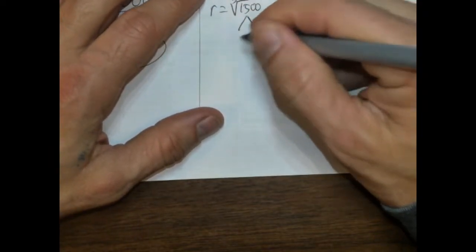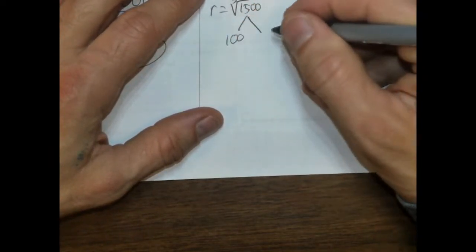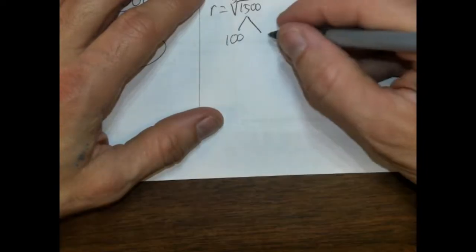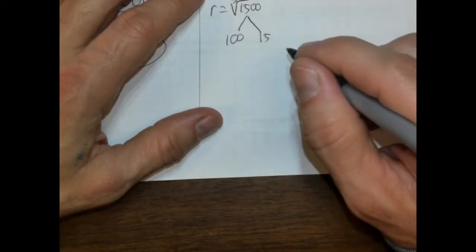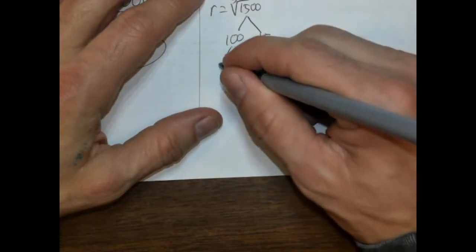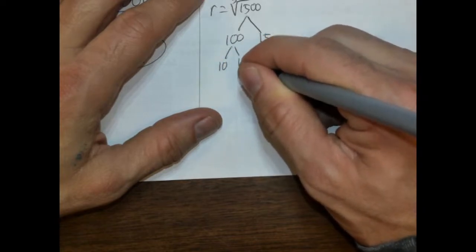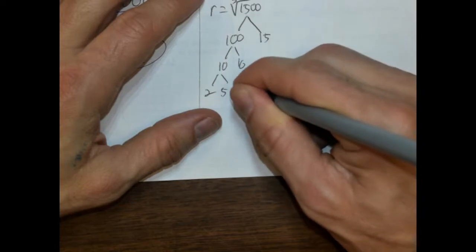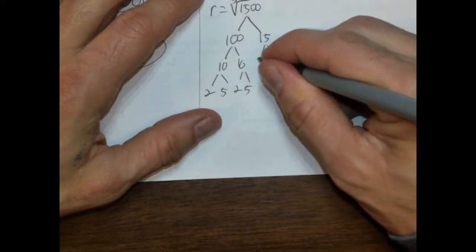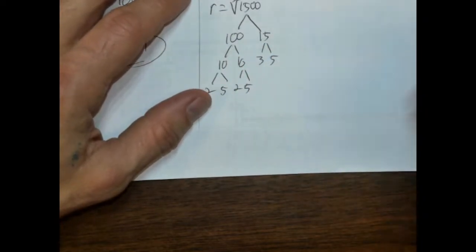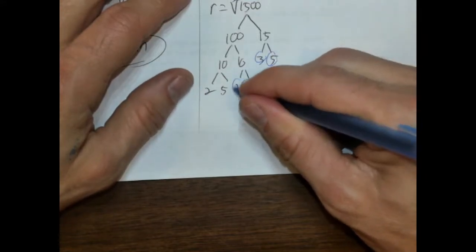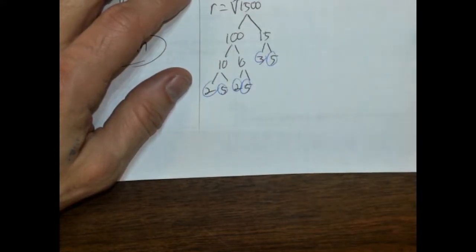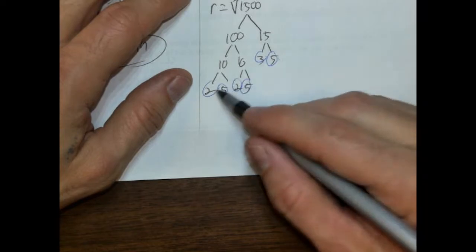Now, can we simplify that? Let's find out. So that's going to be 100 times 15. And 100 is 10 times 10. Just making our factor tree here. 2 and 5, 2 and 5. This is 3 and 5. Okay, so we're going to circle all our prime factors. So we have three 5s, two 2s, and a 3.